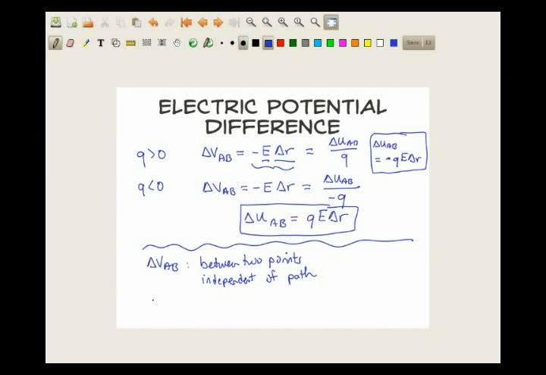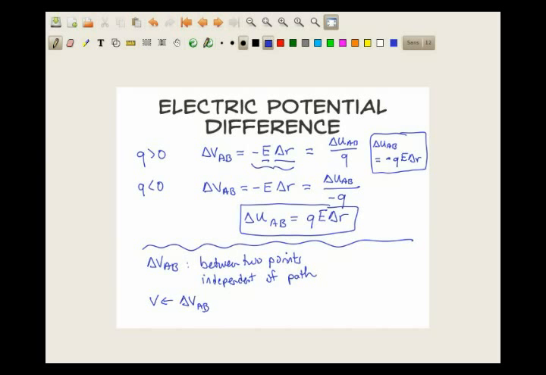It's very common to shorten this to just be V rather than delta VAB. It is implied that we are measuring the electric potential difference at some other point relative to point A, and you can simplify the notation simply by writing an electric potential difference as V and calling it a voltage. Okay, so a voltage will always be an electric potential difference, especially when we start talking about electric circuits.